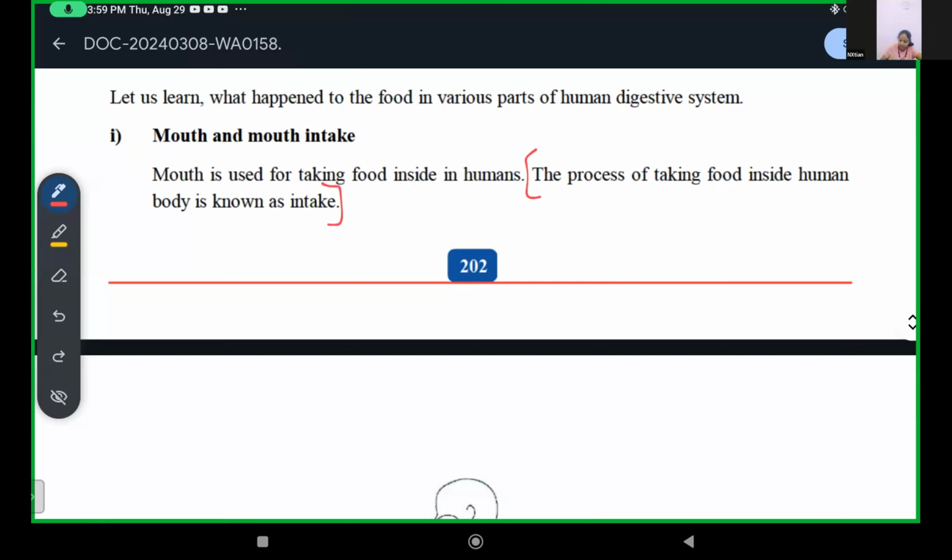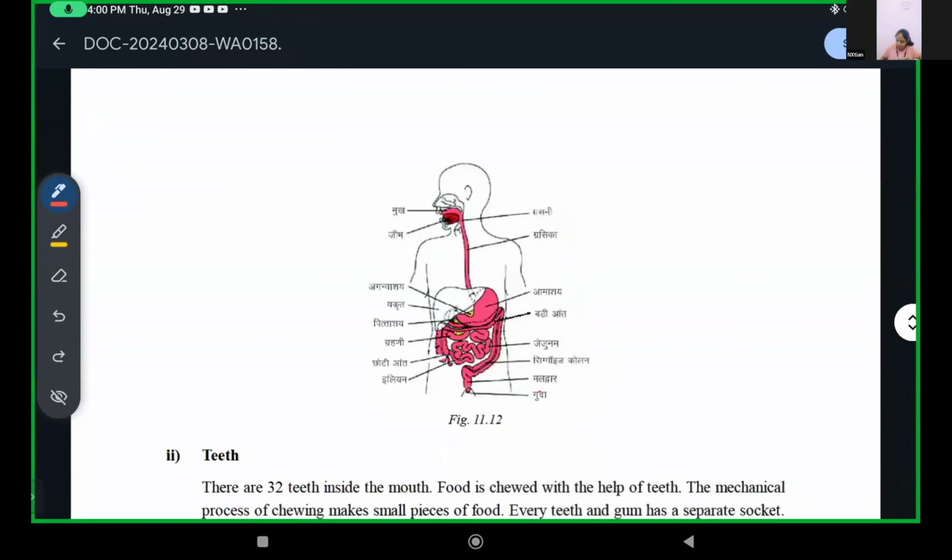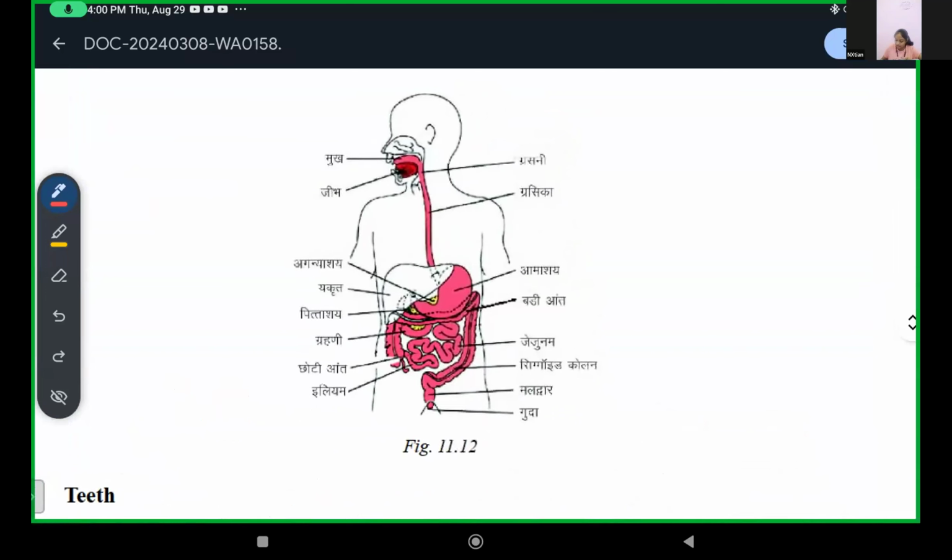When we eat the food and it goes inside us through the mouth, it is known as intake of food. So this is basically the whole system. This is the mouth, where the intake takes place. Intake starts from the mouth.